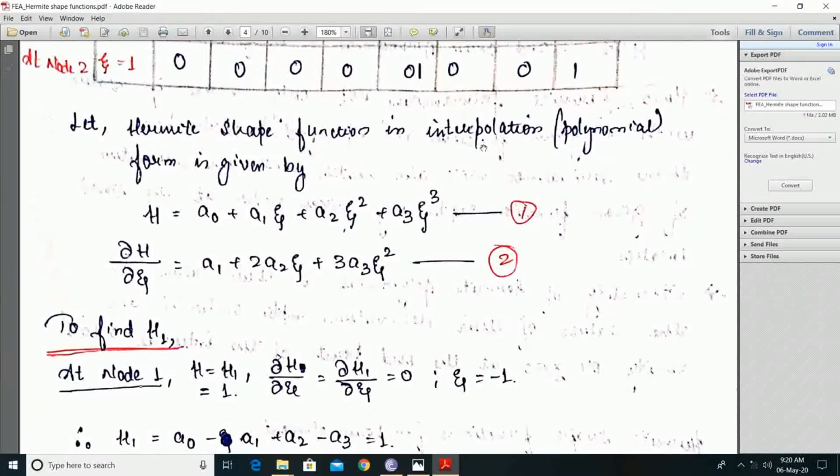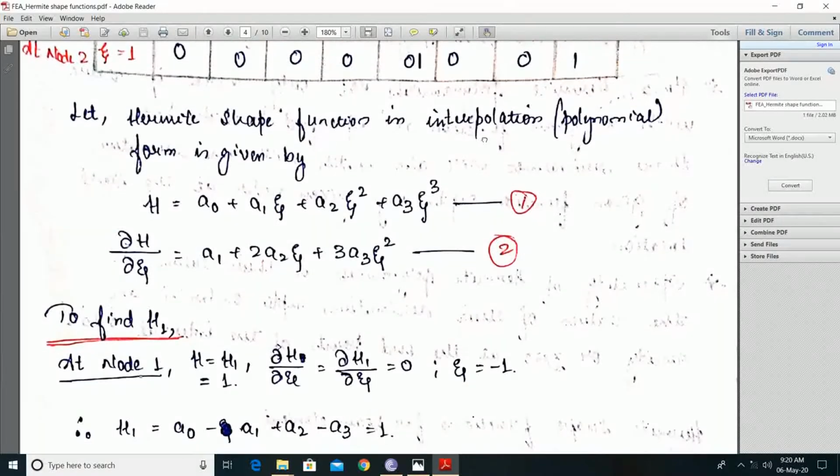So let's move. Let us assume an interpolation polynomial function for h, which is given as h equal to a0 plus a1 xi plus a2 xi square plus a3 xi cube. Let me call this equation 1.